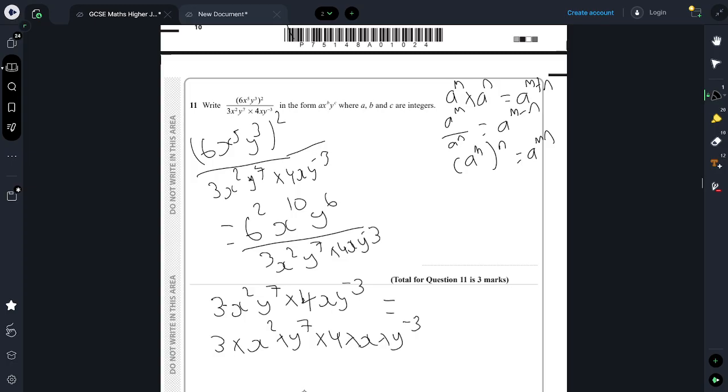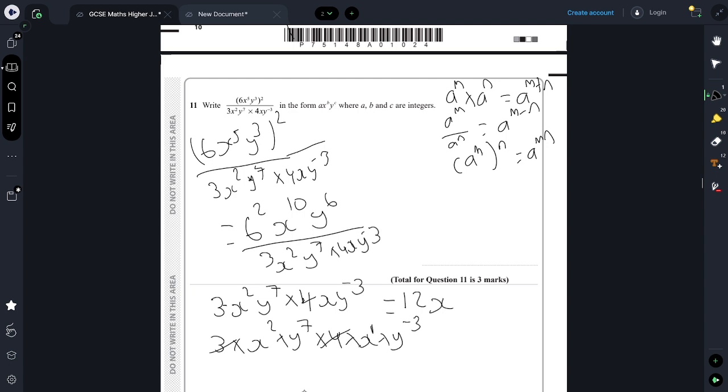So let's do the number first. 3 times 4 is 12, so we dealt with that bit. Now let's do x. We have x squared times x, which is 1 power there. If we're timesing, we add the powers.